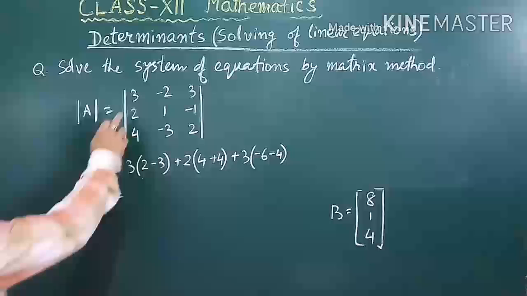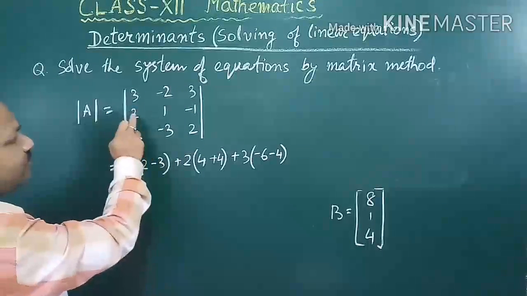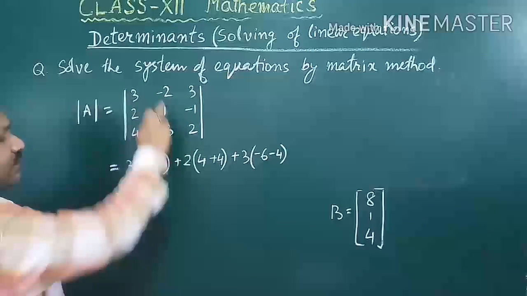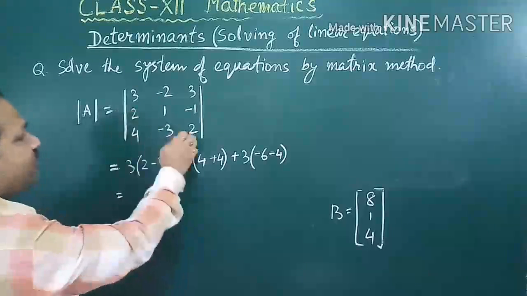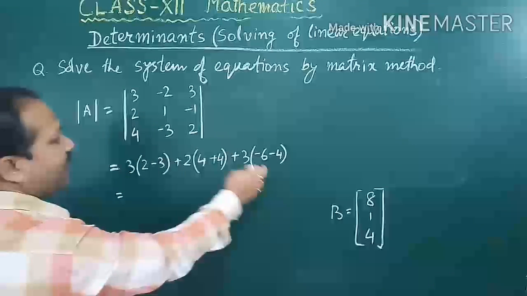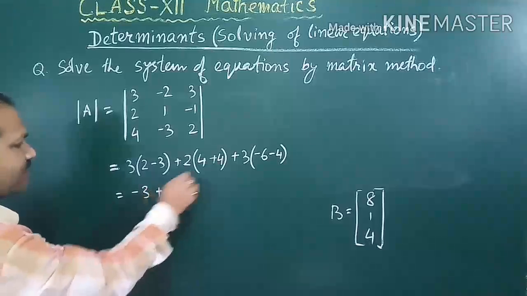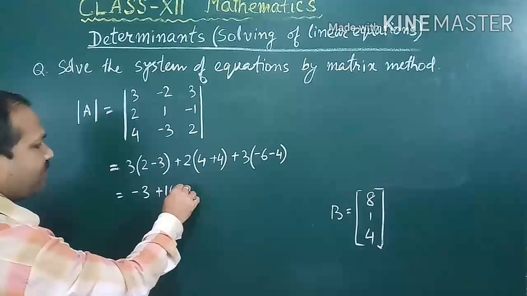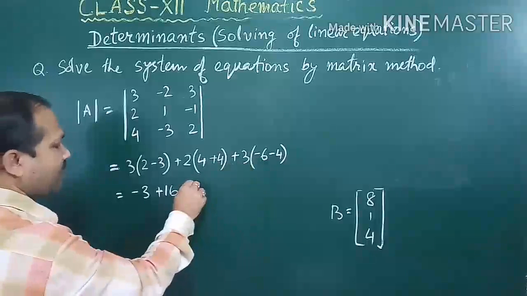Determinant of A, by using the first row: 3 into 2 minus 3, plus, it is a minus series so the sign will become plus, 2 into 4 plus 4, plus 3 into minus 6 minus 4. So how much is it? Minus 3 plus 4 is 8, to the 16, and minus 10 into 3 is 30.